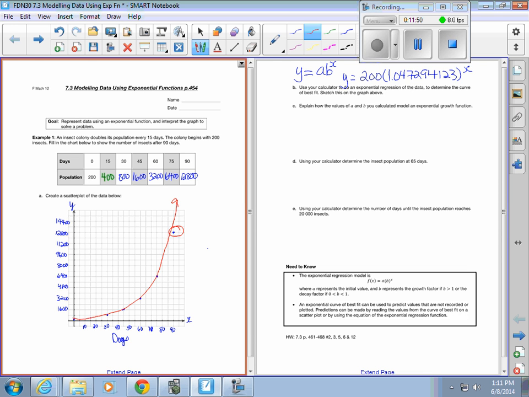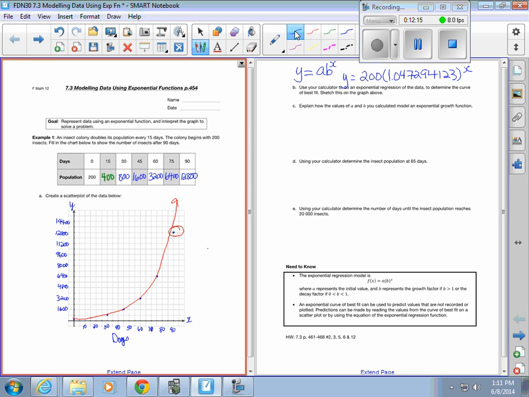Okay, so C part says, explain how the values of A and B you calculated model an exponential growth function. So with our formula, y is equal to A times B to the power of x, our A is always, no matter what we're looking at, your starting point.